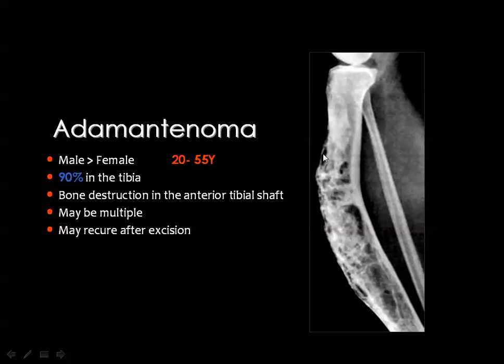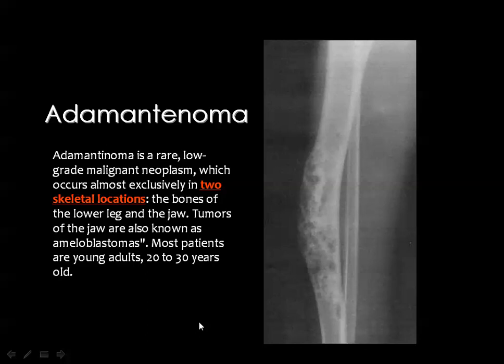It is of mixed texture, osteolysis and sclerosis, and it will result in abnormal bowing and the characteristic shape of the tibia. If you see this, you may predict the nature of the tumor. As I have said, there are two skeletal locations for adamantinoma: the tibia and even the fibula, and also the jaw.